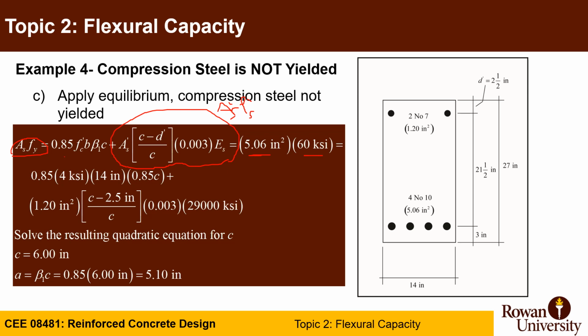Concrete equation side is 0.85 F prime C B beta 1 C, which remains the same. However, we replace now F yield by FS dash, which is C minus D dash divided by C times 0.003 ES. And in this equation, we solve for C. If you try to solve this equation, C is 6 inches, beta 1 is 5.1.